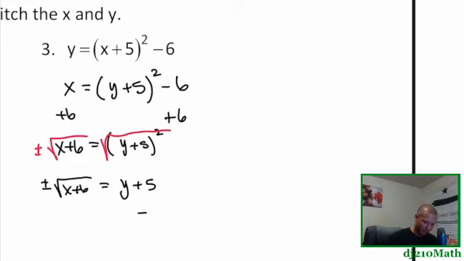All right, getting y by itself, we have to subtract 5 from both sides. So final answer is going to be y is equal. You could write either the negative 5 first or the negative 5 last. It truly doesn't matter. Negative 5 plus or minus square root x plus 6.